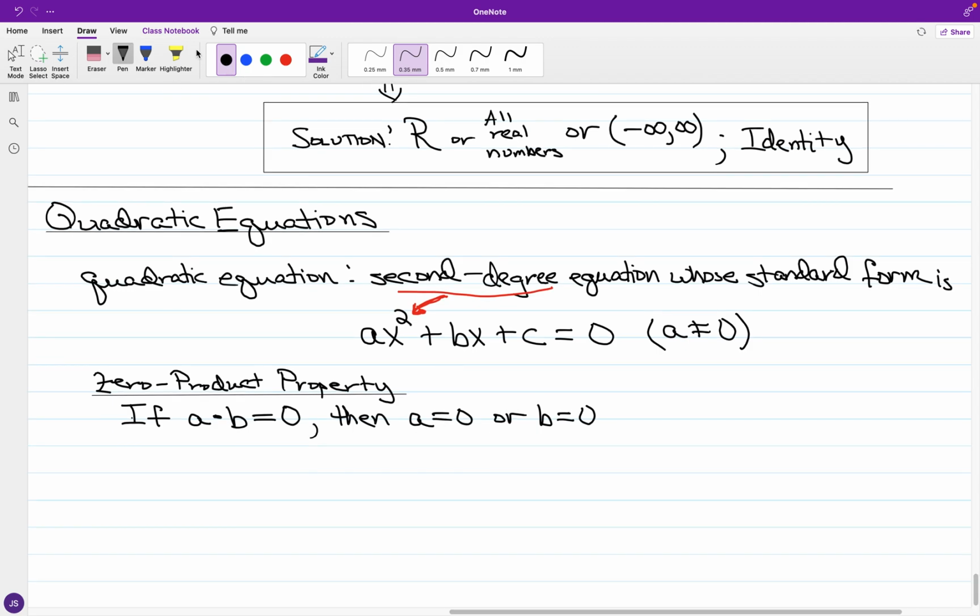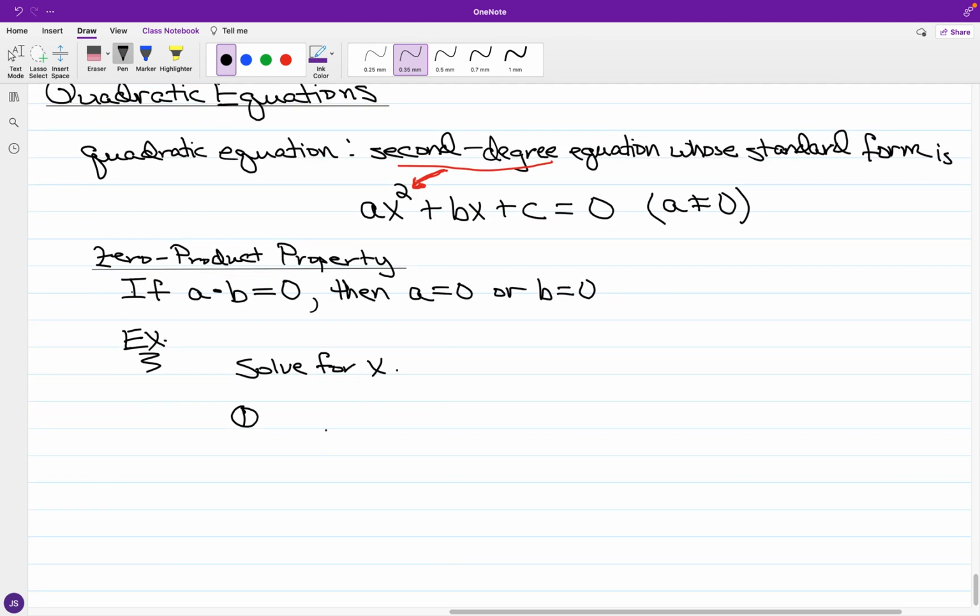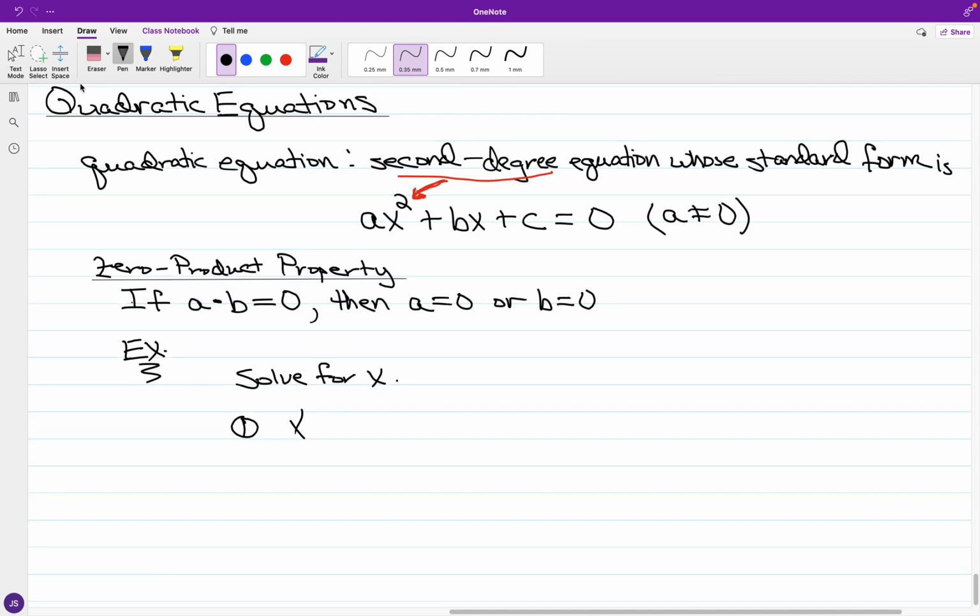I say that in the case of quadratic equations, say if you're looking at solving for x, and we'll go with a standard layout already. Okay, so let's say we have x squared plus 7x plus 10 is equal to 0.